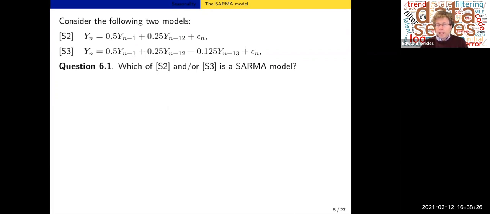So if we look at S3, we can write out the polynomial and notice a factorization.